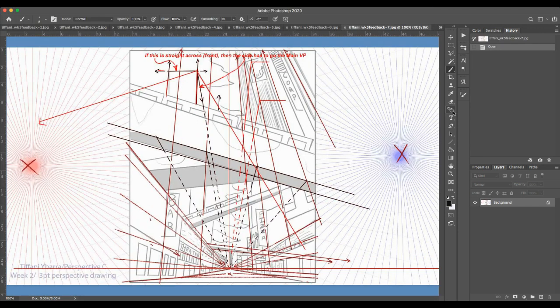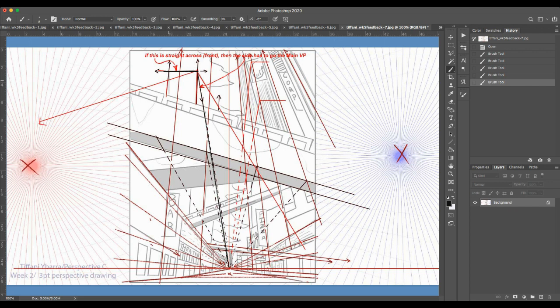Oh, it's for this building. Okay, so if this is straight across, which was pretty much in your drawing, then the side, which should be the side of the building, has to go to the main VP. So you can't really do what you did, which was this. That's going to go down to here again.